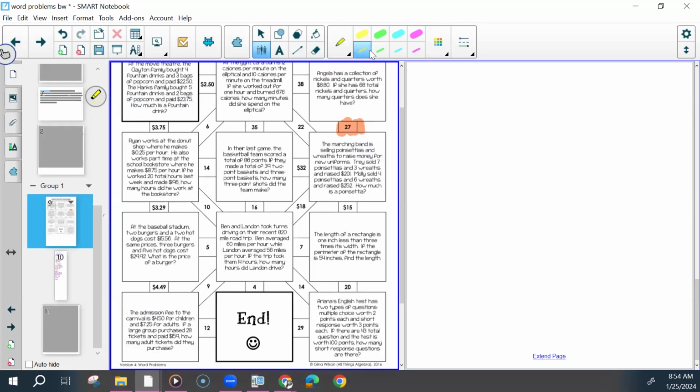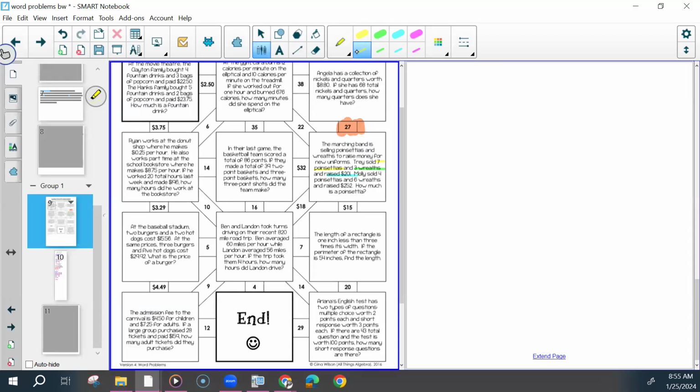As I said last class, the more people that participate, the faster this will go. Okay. What else? Wreaths. And $1.